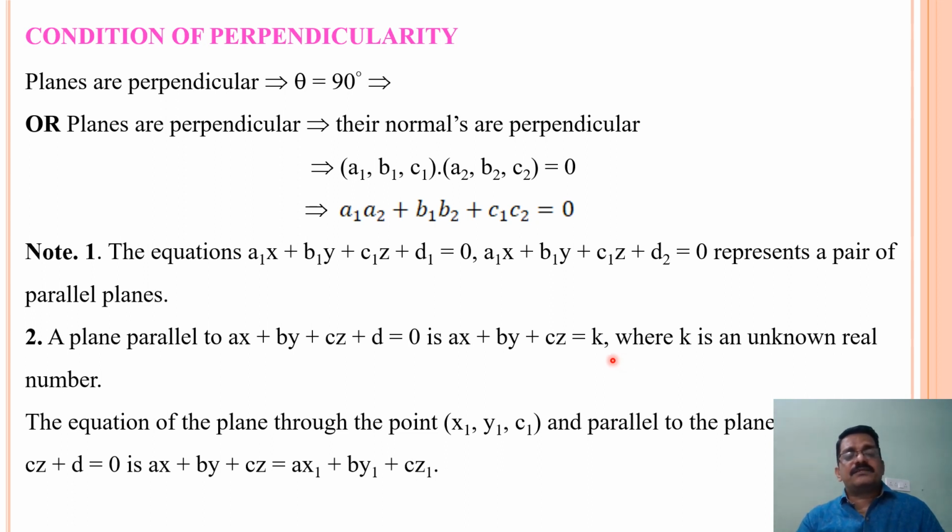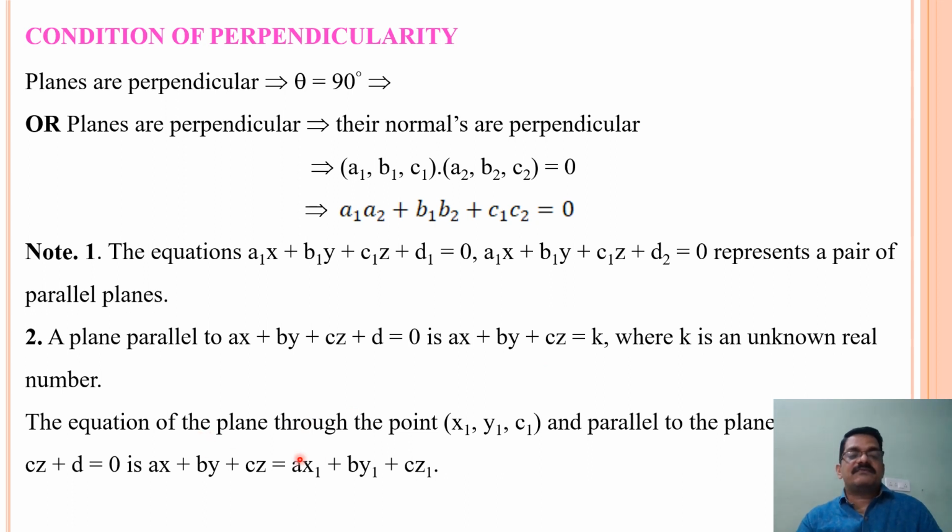Suppose the given plane equation passes through the point (x1, y1, z1) and is parallel to the plane ax plus by plus cz is equal to 0. That is, substituting the point (x1, y1, z1) in ax plus by plus cz is equal to k, then the value k is represented as ax1 plus by1 plus cz1.